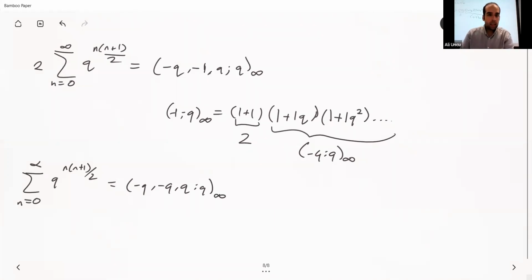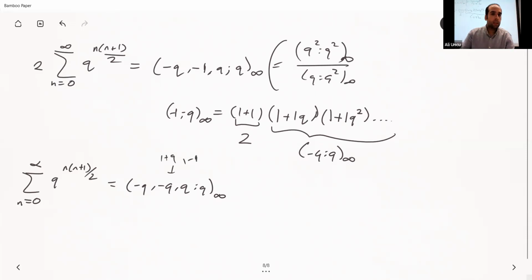What do we need? We wrote this in a different way. We wrote this as a q squared sub infinity divided by a q squared sub infinity. I will use 2 things. I have 1 plus q here, 1 minus q in this guy. I can combine them just the other way around. I have 2 pieces of the differences of squares.